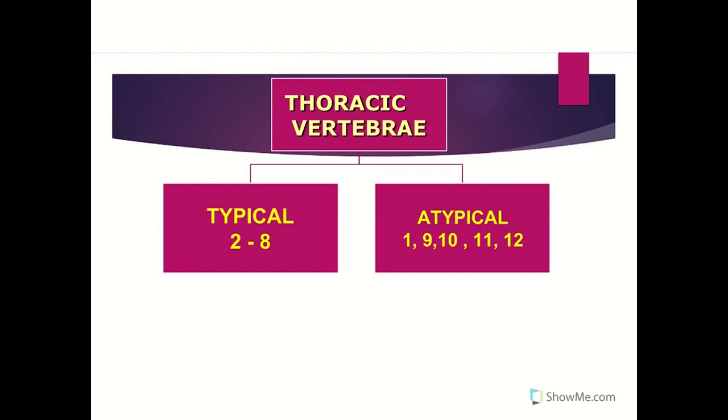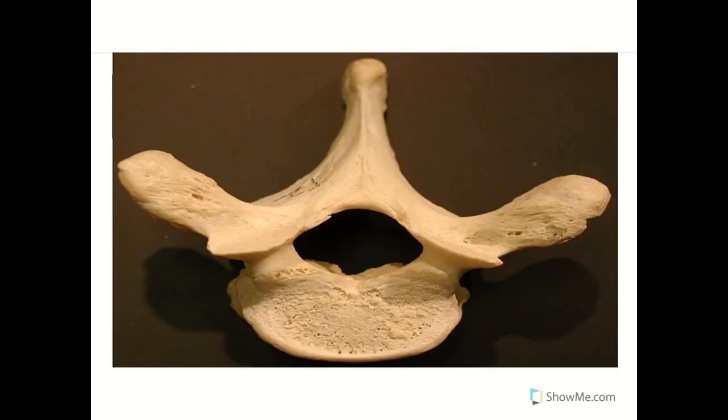This also is a simple classification for the thoracic vertebrae. The typical thoracic vertebrae are from the 2nd to 8th vertebrae, so the first is not considered a typical vertebra, and the atypical vertebrae are the first one, 9th, 10th, 11th, and 12th. And also it is not important for you to know the anatomical difference between these vertebrae.